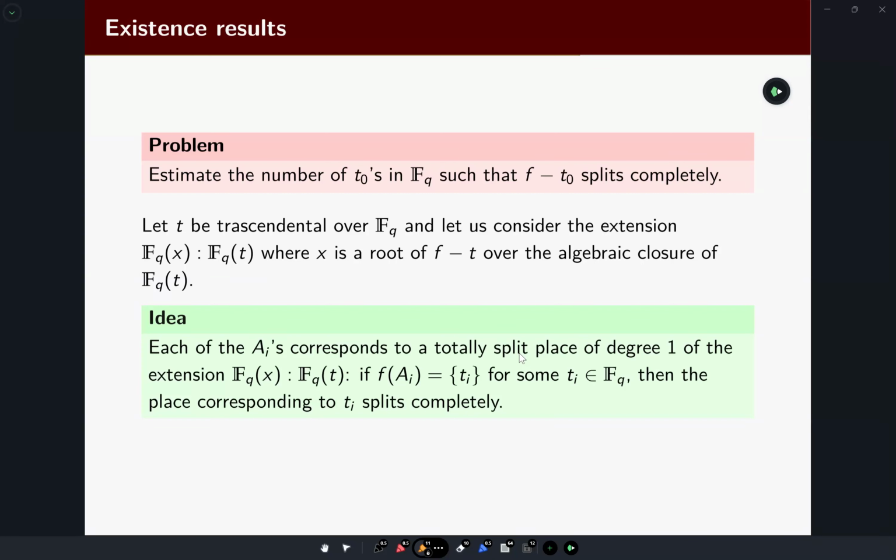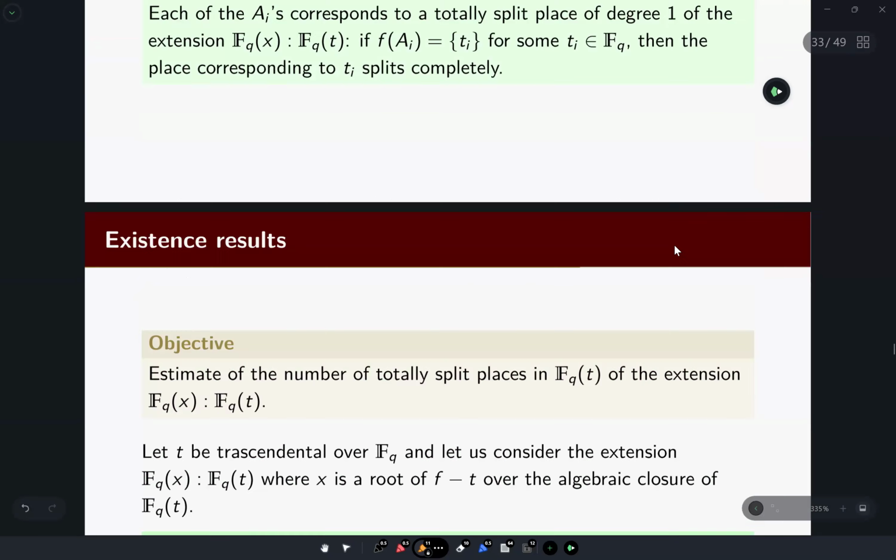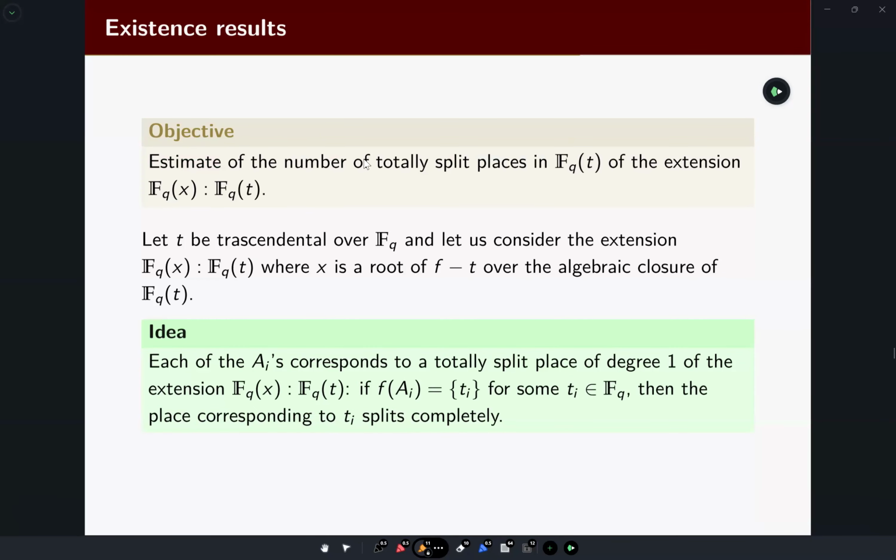But we can actually use Galois theory, because estimating the number of t naught such that F minus t naught splits completely can be proven to be equal to estimating the number of totally split places of a given extension.